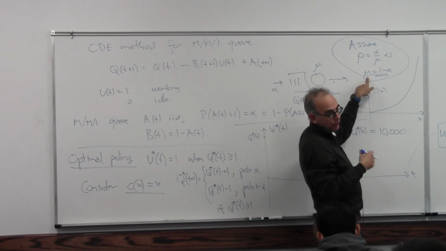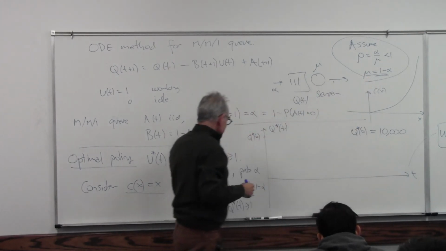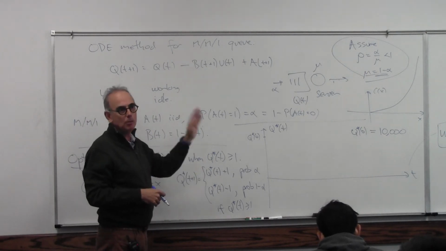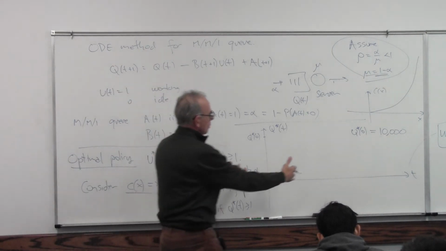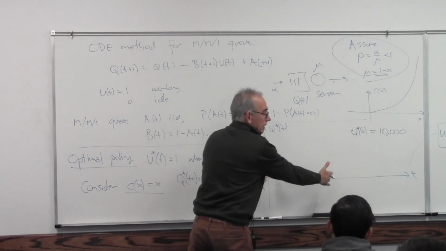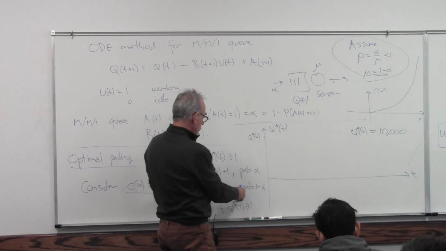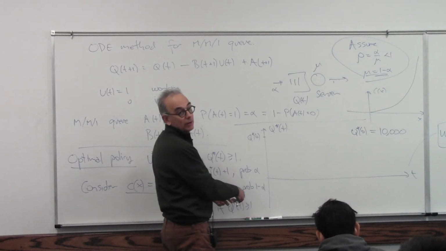So mu is the service rate. I go up, I go down, I go up, I go down. If I look at some large time block, I've got a proportion alpha of going up and a proportion 1 minus alpha of going down.